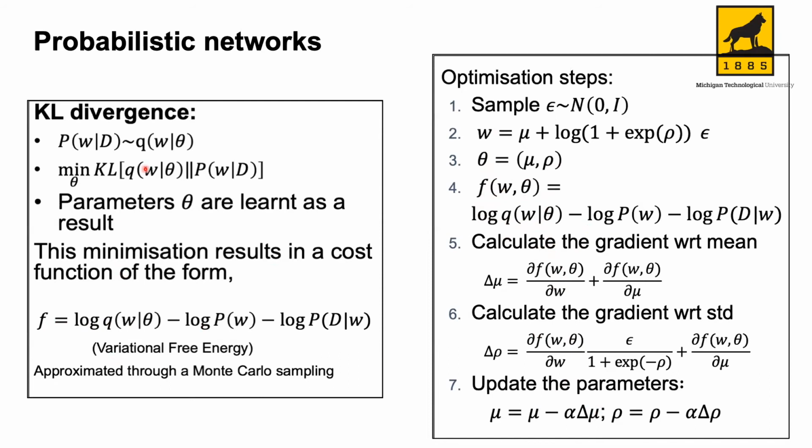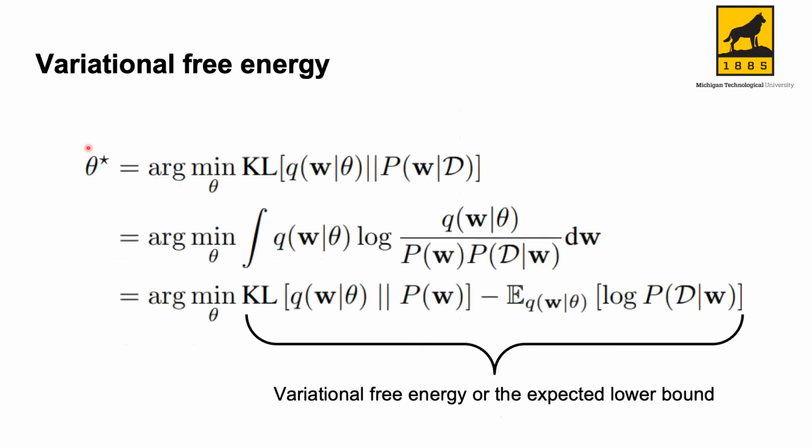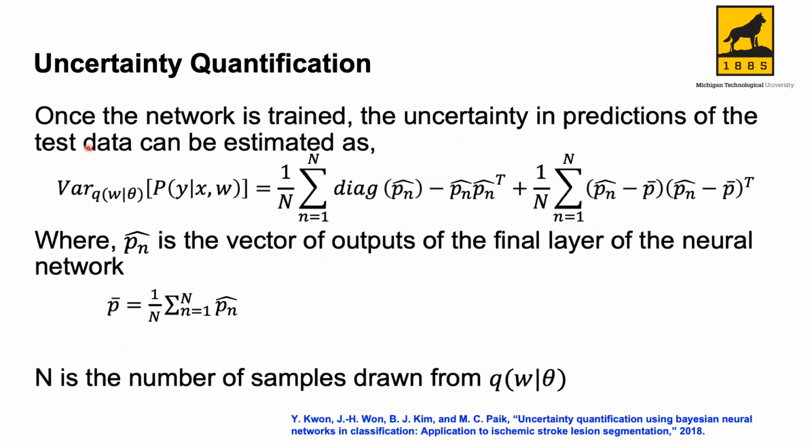That means you minimize this function, the dissimilarity between your assumed probability distribution and the true posterior probability that should come after observing the data, right? So with that view, once you obtain the posterior probability, as I said, you marginalize and come up with the prediction y, but y is also probabilistic.